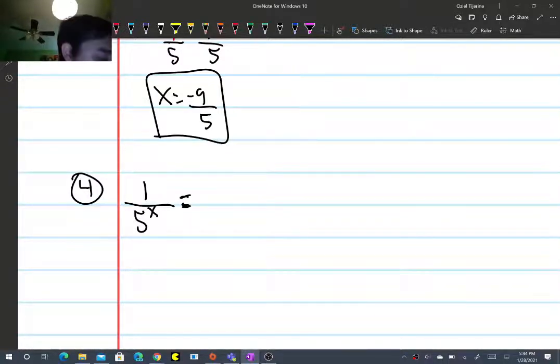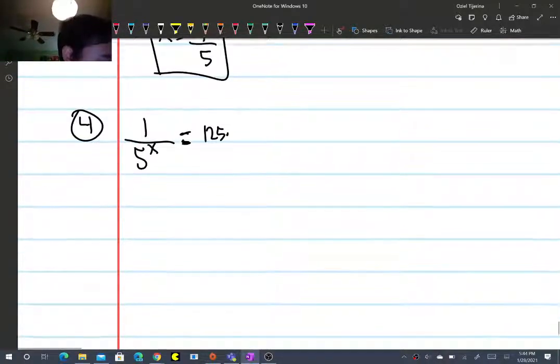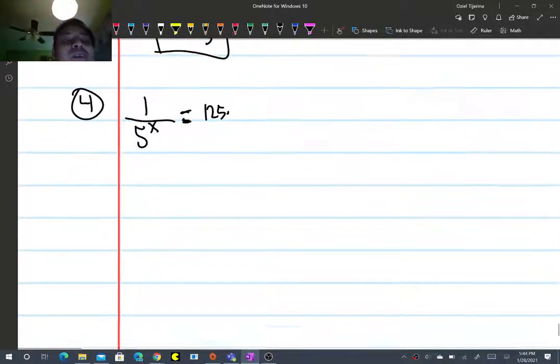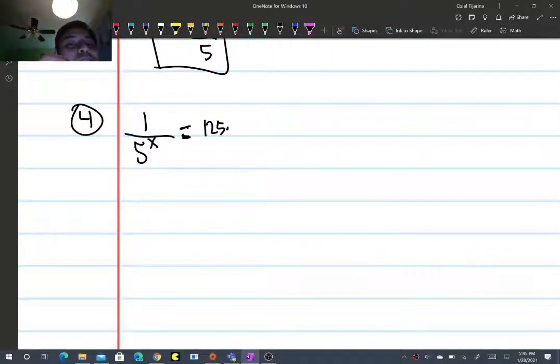So for the next one, we have 1 over 5 to the x equals 125, okay? What we're gonna do now, this can be done in 2 ways. You can turn this into a power of, basically into 5 cubed.